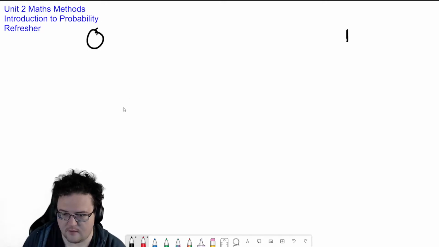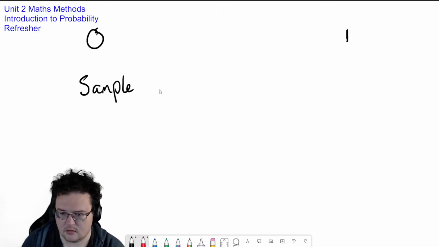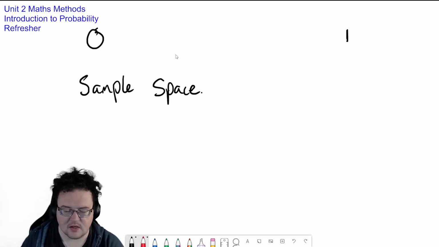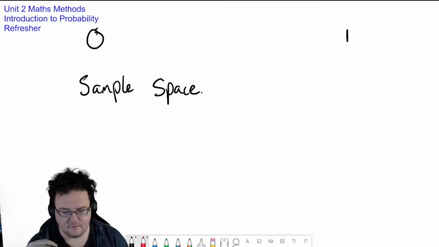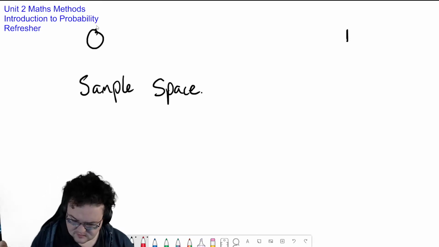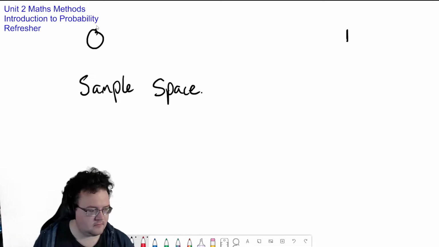So, what we have to think about is the sample space. And when we think about the sample space, we think about what are all the possible different outcomes for that event. So when I flip a coin, what are the events that could possibly happen when I flip that coin?